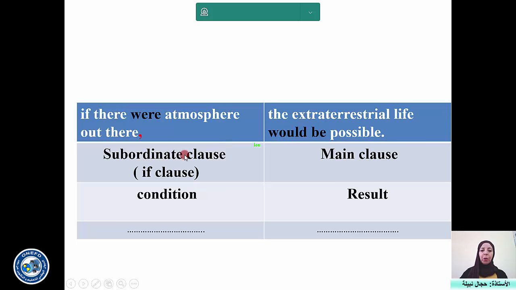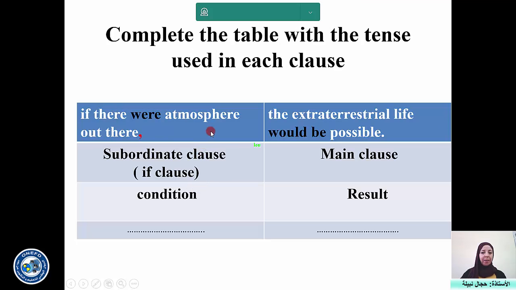Let's have a closer look at the tenses now that are used in conditional type 2. So I have separated my sentence, the two clauses, in two different columns. If there were atmosphere out there, as we said, is the if clause, or we call it the subordinate clause.